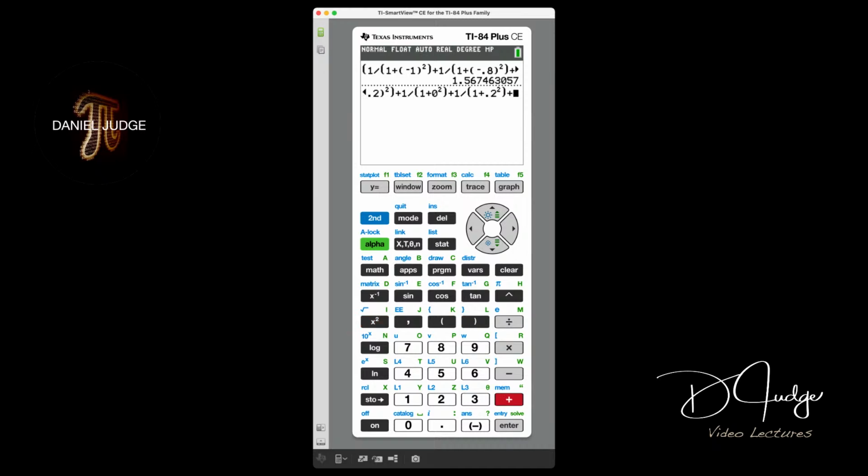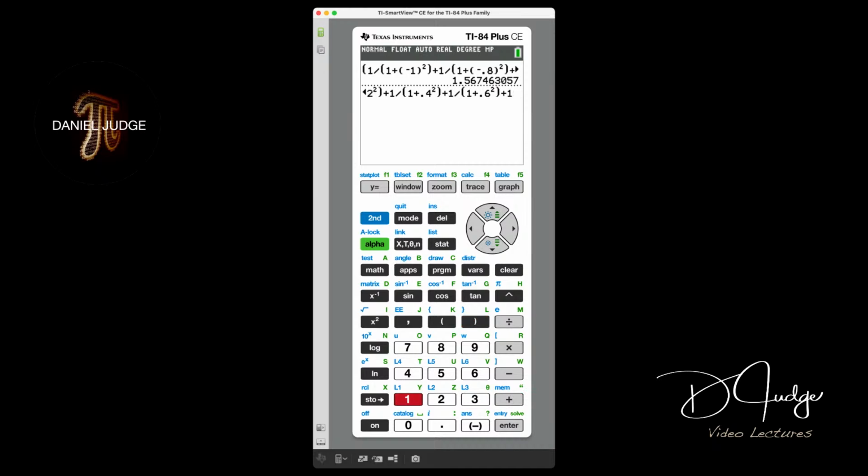Close that. Plus 1 divided by, parentheses, 1 plus 0.4 squared. Close that. Plus 1 divided by 1 plus 0.6 now squared. Close this.